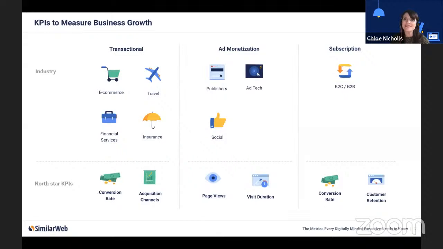And then finally, with subscription, you're looking at your conversion rates and also your customer retention and product usage because it's a recurring subscription business. So again, these are 3 examples, but we thought it would be a great way for you to think about, given that a lot of you are from the e-commerce industry, for example, how to map them out in terms of your North Star KPIs.